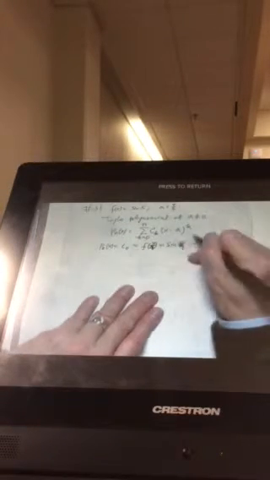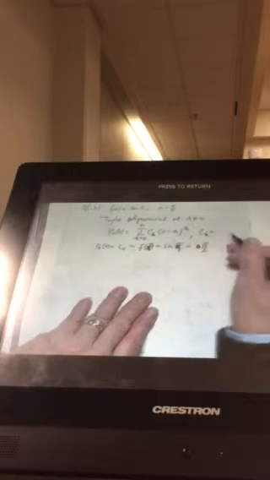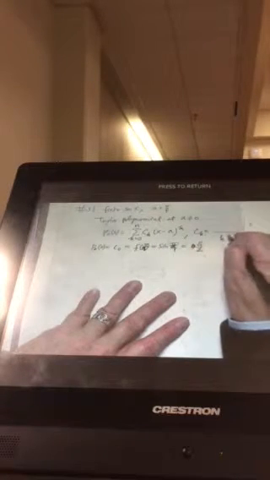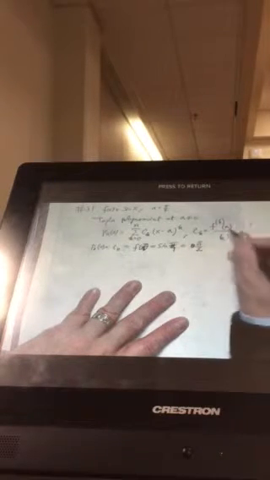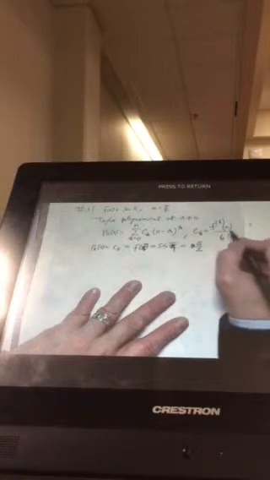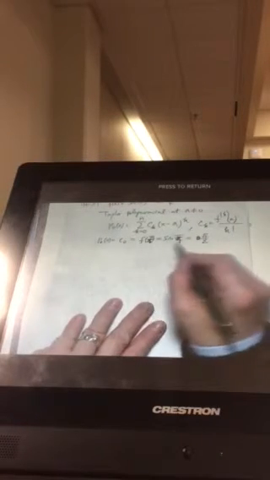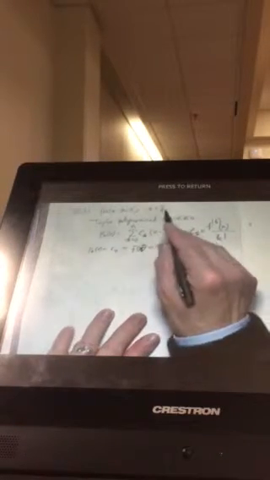Now, what's c sub k? It's equal to 1 over k factorial times f differentiated k times, evaluated at a. And our a here is pi over 4, so there's a pi over 4 here and here.